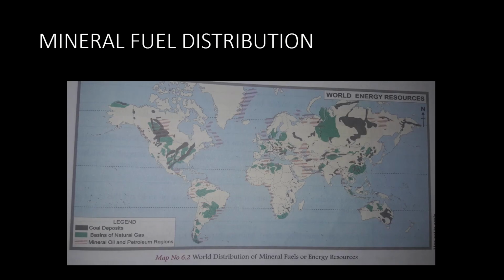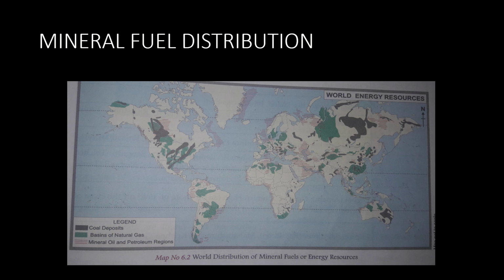This shows us the world distribution of mineral fuels or energy sources. Natural gas, the green markings, is found in the US, Russia, UK, Iran, Canada, Norway, China and the Netherlands.